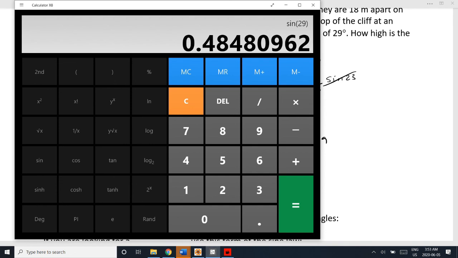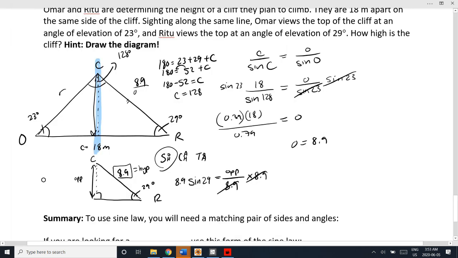And we're going to multiply this by 8.9, which is equal to 4.31. So the opposite is equal to 4.31, which is equal to our height. So this distance here is going to be 4.31 meters. And that concludes our question here.